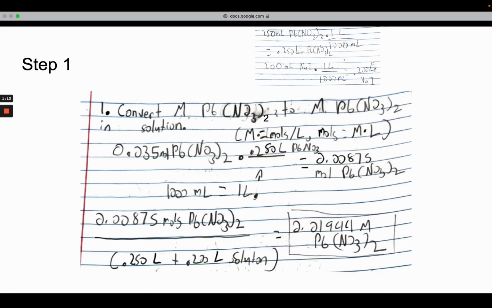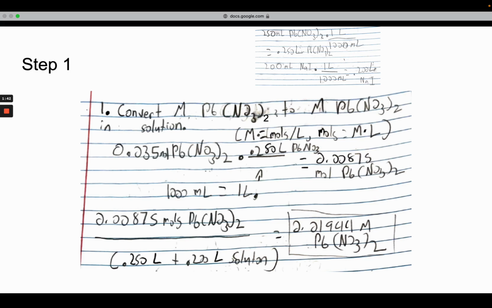So in step 1, you convert the initial molarity of the lead 2 nitrate solution into the molarity of the lead 2 nitrate in the combined solution. How you do this is you find the number of moles in the lead 2 nitrate solution, and you do that by multiplying the molarity by the liters. This is because molarity is moles per liter, and you need liters, so you can see that I converted the milliliters of the volume into liters, so you get 0.25 and 0.2 respectively.